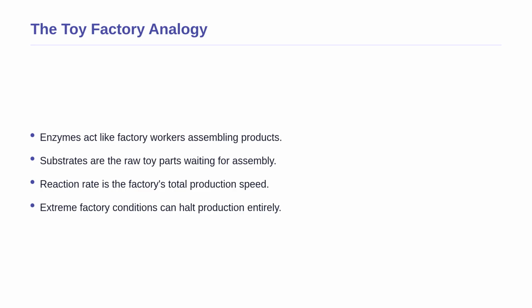If you want more toys, you need more workers or parts. Furthermore, if the factory is freezing cold, workers move sluggishly. If it is dangerously hot, the factory might catch fire and production stops entirely. This perfectly mirrors how biological systems control reaction speeds.